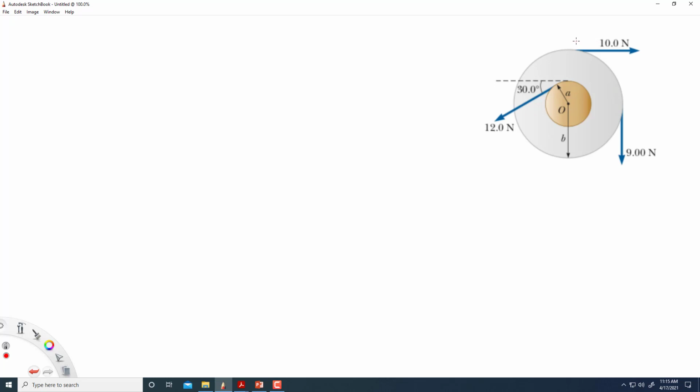So let's call this one force F1, this one force F2, and this one force F3. So we want to find the total torque, which is the torque due to force F1, torque due to force F2, torque due to force F3.